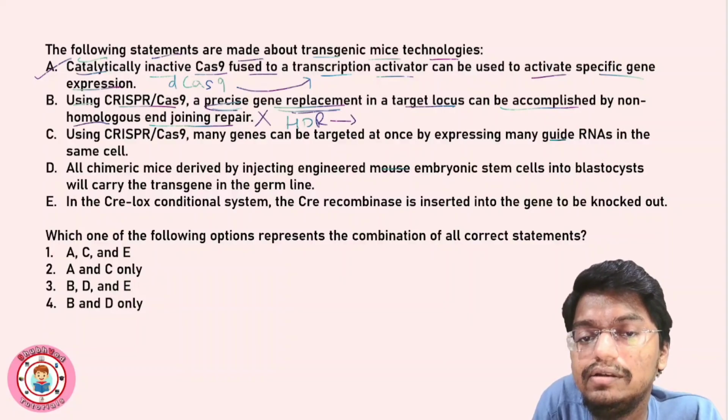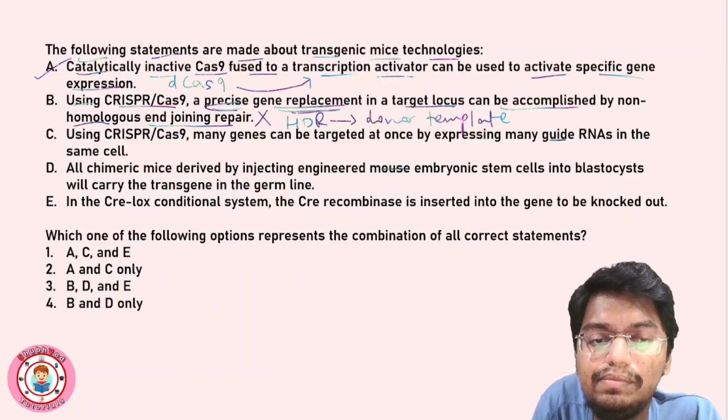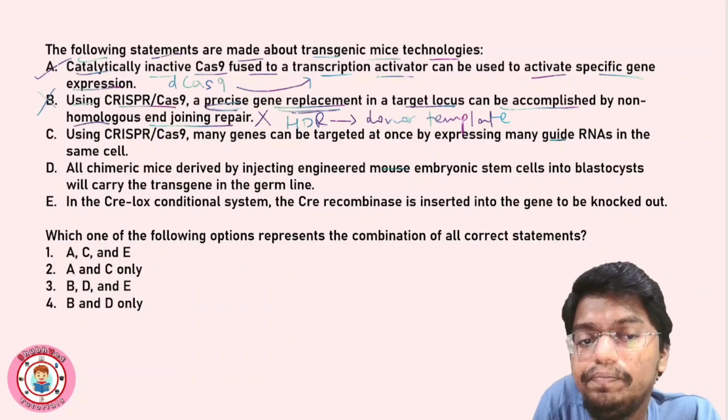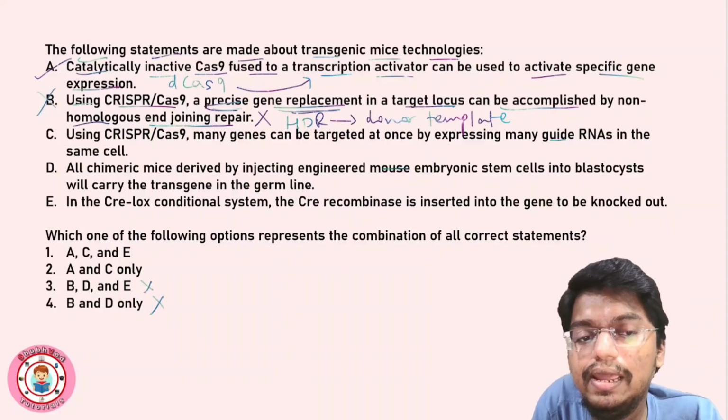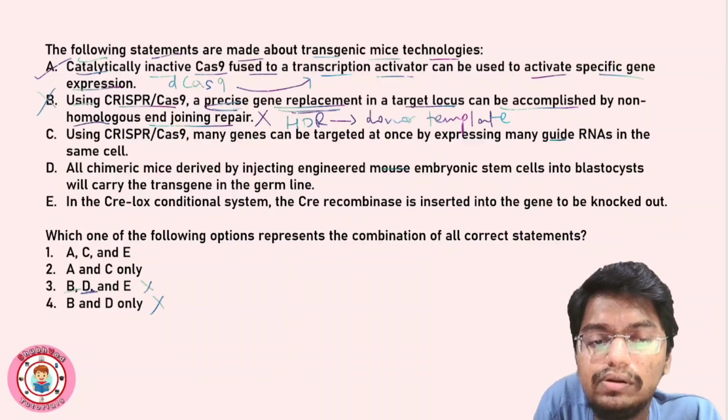In it we inject a donor template along with the CRISPR machinery, right? So B is wrong. If B is wrong, options 3 and 4 will be eliminated. And when B is wrong, D is also wrong, right?